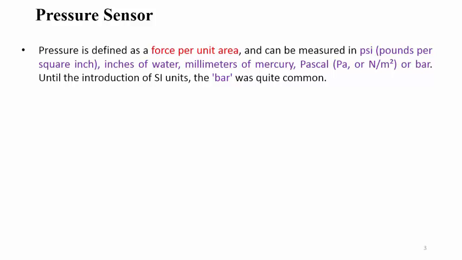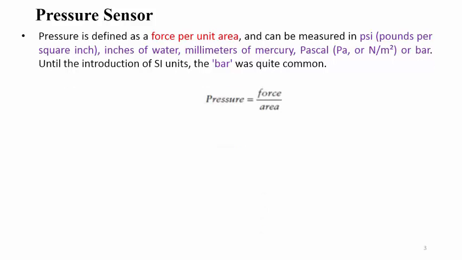Until the introduction of the SI units, the bar was a quite common unit for pressure measurement. So we can say that pressure is equal to force per area.